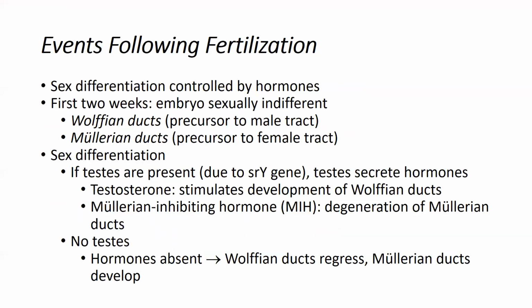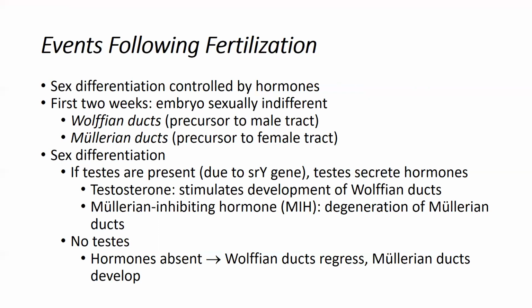All right, so sex differentiation is controlled by hormones. We know this, right? Testosterone in the case of males, estrogen and progesterone dominance in the case of females. During the first 2 weeks, an embryo is developing what I like to call developmentally ambiguous, or ambiguous development. So there's no specific sex being identified at that point.